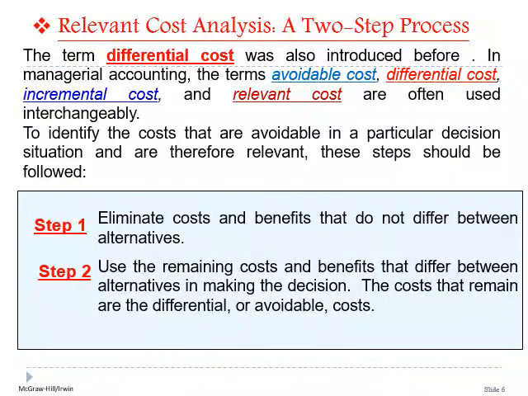The costs that remain are the differential or avoidable costs. يبقى remaining cost بنعتبرها differential or avoidable cost اللي هي التكاليف التي يمكن تجنبها او التكاليف التفاضلية. These costs that we are relying on هي دي اللي بنعتمد عليها. تمام. يبقى احنا بنمشي التو ستيبس دول to make a better decision.